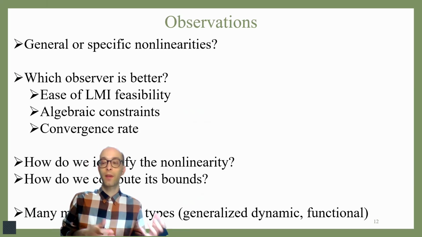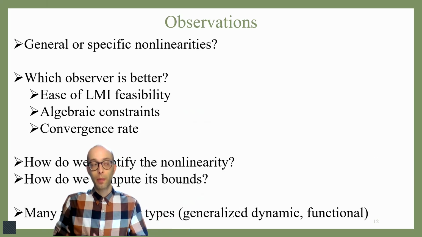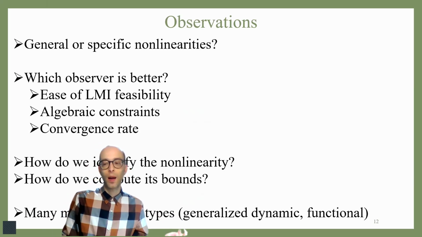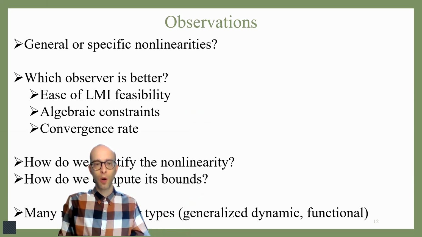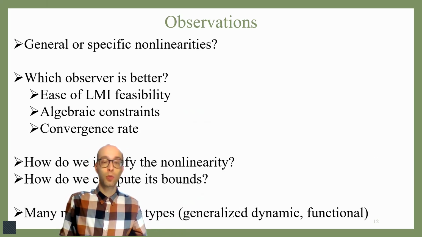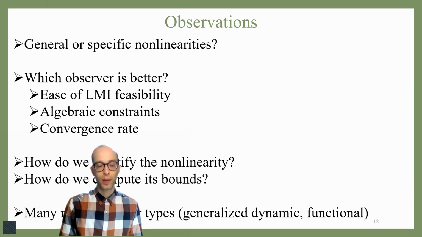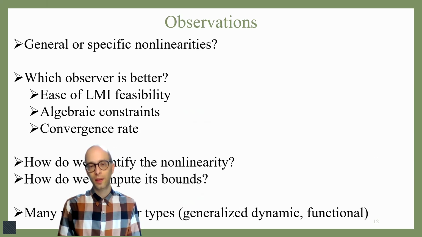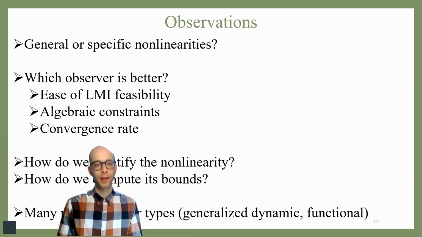Some observers may have a very good convergence rate, but they may be hard to achieve, I'm talking about LMI feasibility, while others may be very slow, but generally very easy to have a conditional feasibility for their LMIs. So again, we have some conditions that are counteracting against one another. Okay, so it's very difficult to say which observer is better. There are many design constraints for each observer, and all should be taken into account.